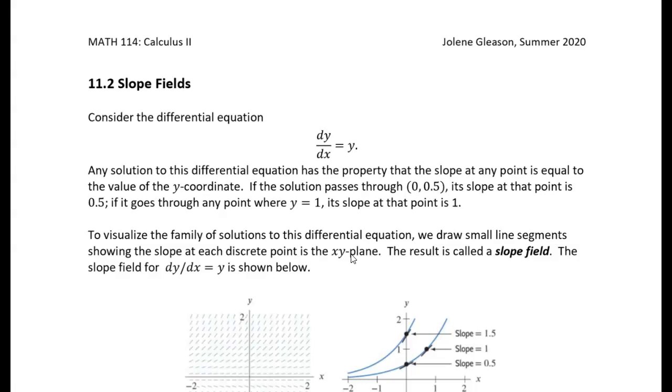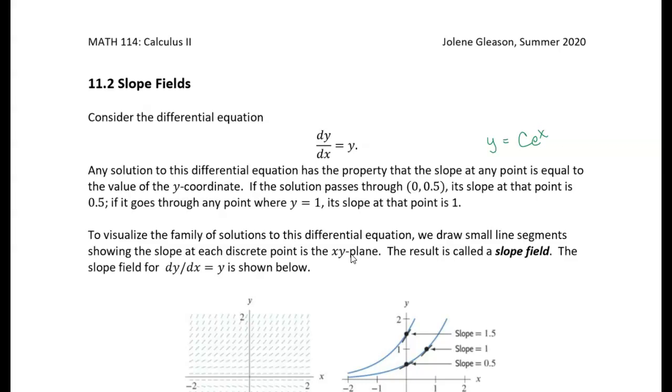But let's take, for example, this differential equation dy/dx equals y. Now, we already said in the previous lecture that one solution is just y equals e to the x. In fact, we could have y equals any constant times e to the x, and it would satisfy this differential equation. So if we look at this equation, what it's telling us is that the slope of the function at any point is equal to its y coordinate.